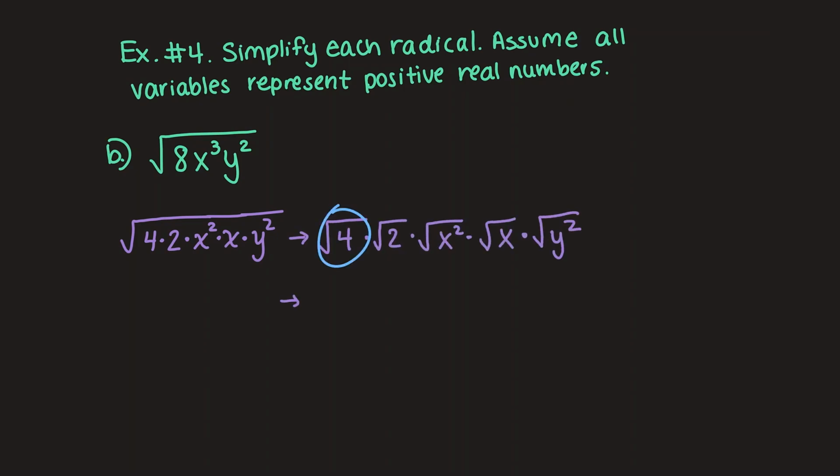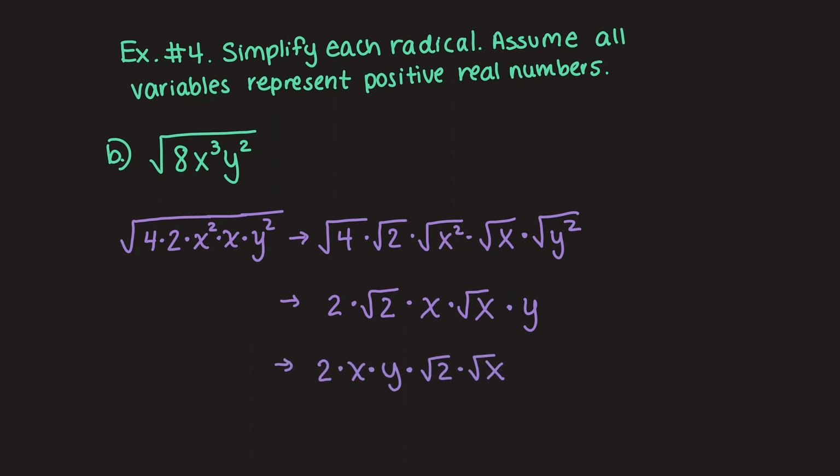So the square root of 4 is 2, and the square root of 2 is already simplified. The square root of x squared is just x, and the square root of x is already simplified, and then the square root of y squared is y. And now we can rewrite this so that our non-radicals are at the front, and then using our product rule, we can rewrite the square root of 2 times the square root of x as the square root of 2x. So our radical simplifies to 2xy times the square root of 2x.